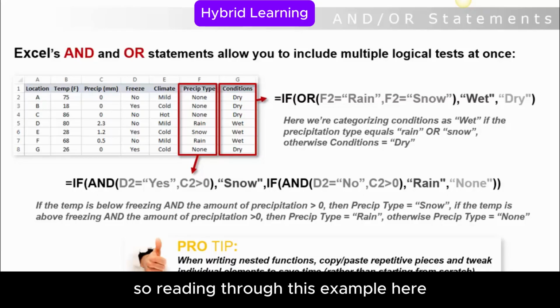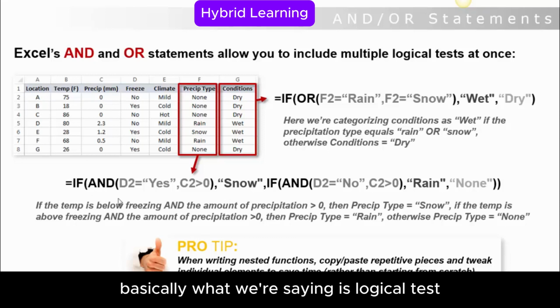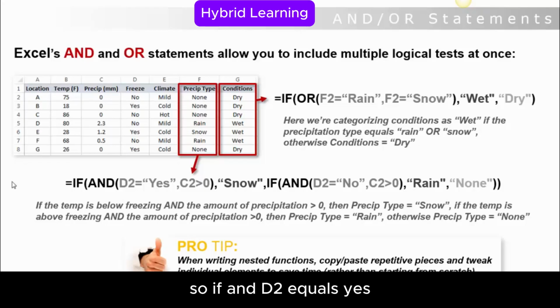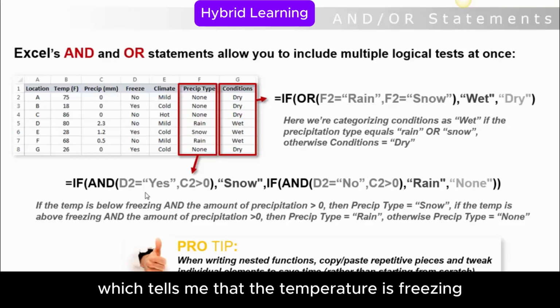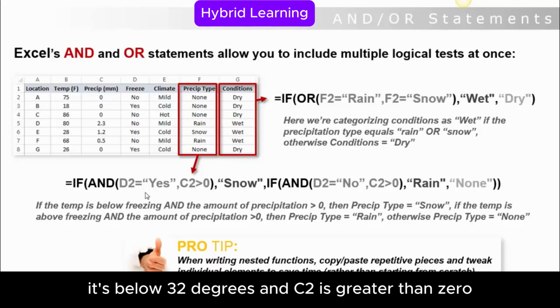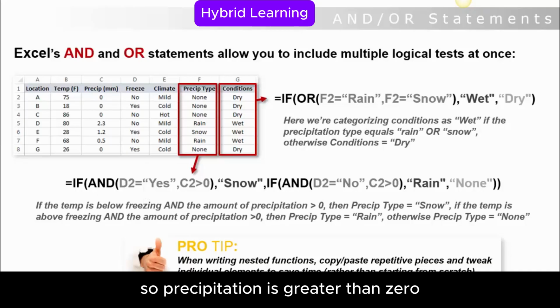So, reading through this example here, this and statement, basically what we're saying is logical test 1 is if these two things are true. So if and D2 equals yes, which is our freezing column, which tells me that the temperature is freezing, it's below 32 degrees, and C2 is greater than 0, so precipitation is greater than 0, then precipitation type equals snow.